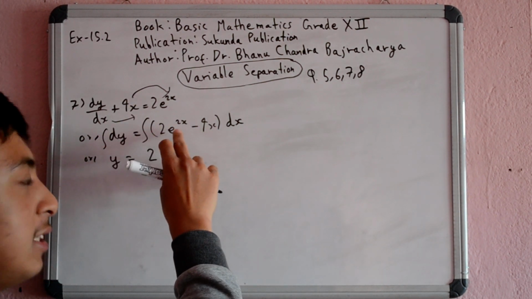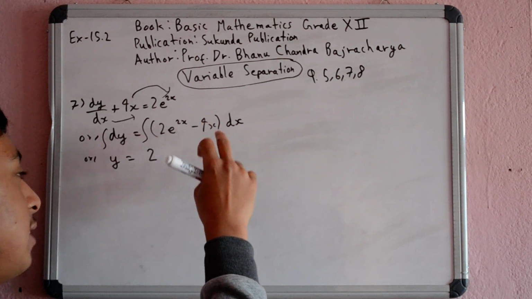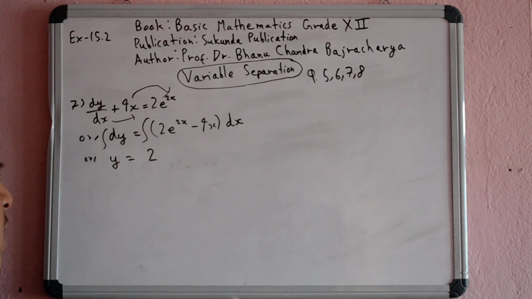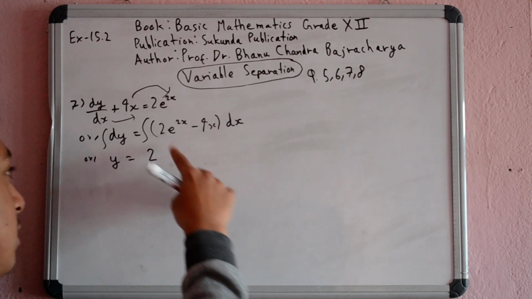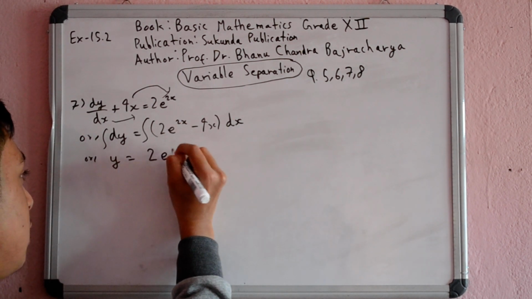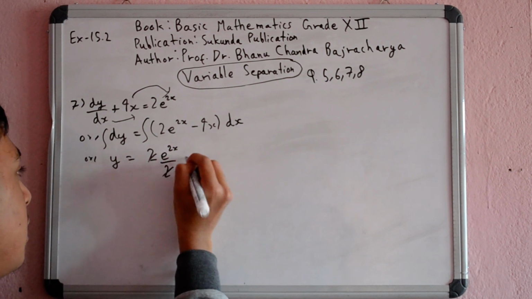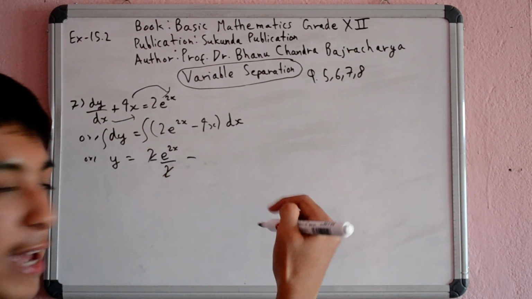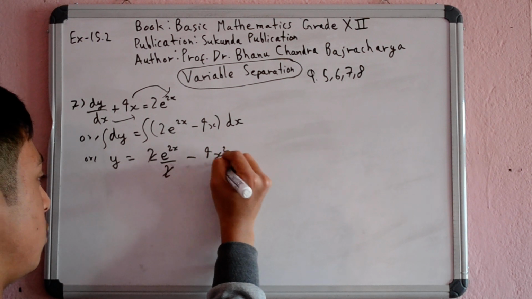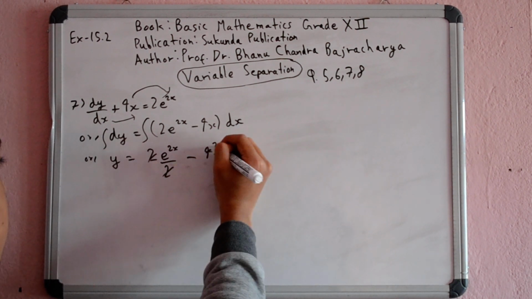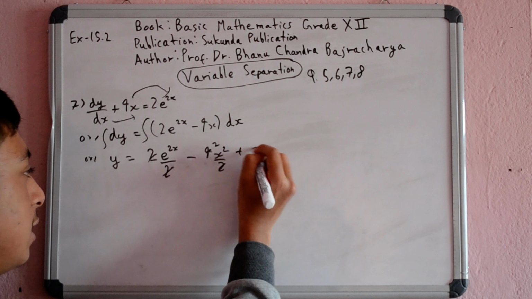this is integrating this minus integrating 4x dx. Now, integration of 2 e to the power 2x, the 2 goes outside. This becomes e to the power 2x by the coefficient of x, which is 2, minus the integration of 4x, which is just 4x squared by 2, 2 and 4 cancel, remaining 2, and our constant c.